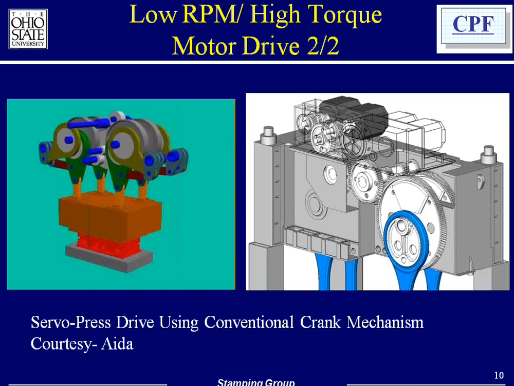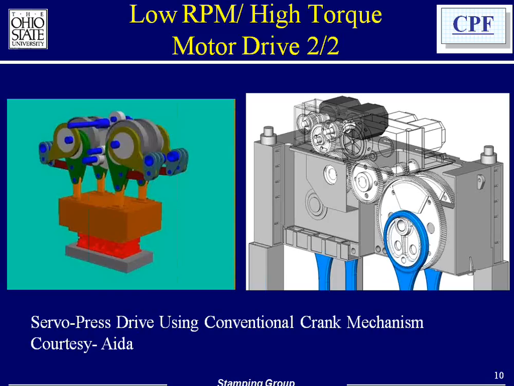In slide 10, you see today's servo press applications. These are large torque, large motors attached to the structure of the presses. Basically, again, you remove the flywheel, and you have servo motors that drive the gears, but the rest of the press structure is essentially the same.